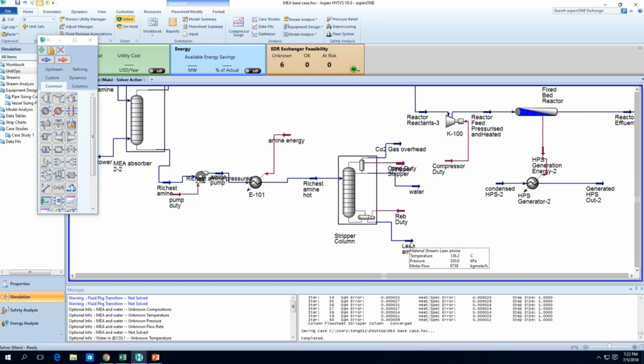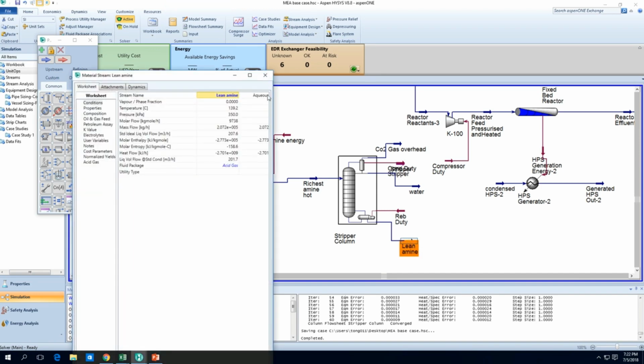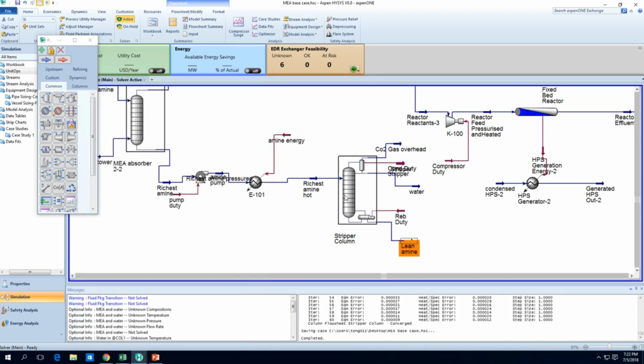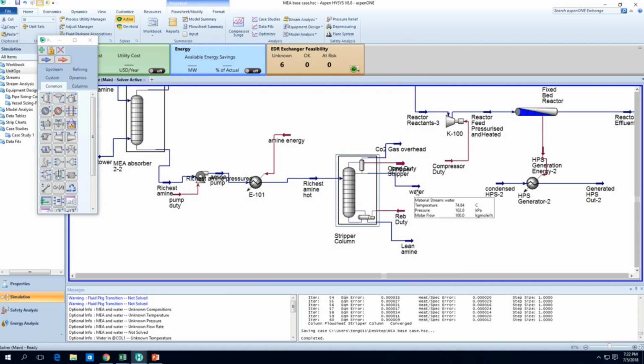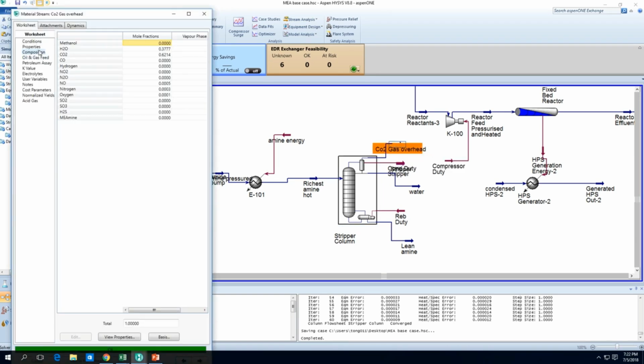In fact, you have a lean amine temperature of about 140 degrees C, which you do not want at all, so you probably have to do something about that later on. But anyway, that is one of the things to help you with this damping factor thingy.